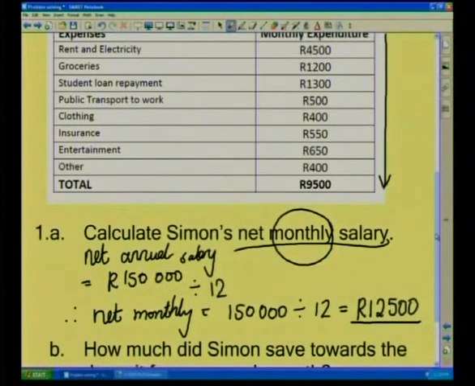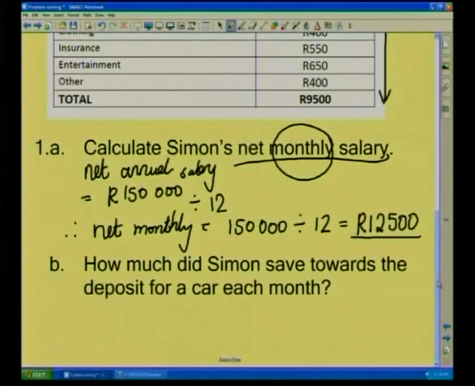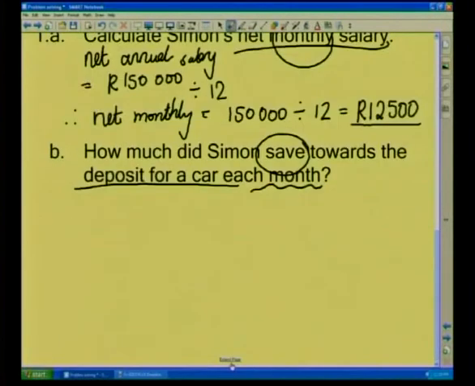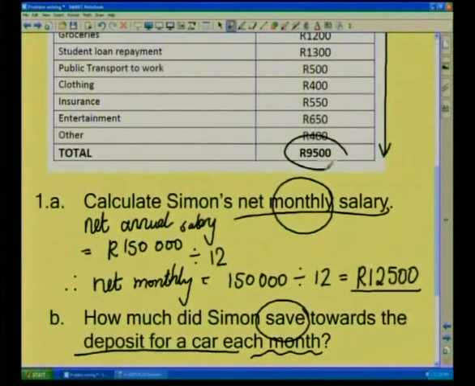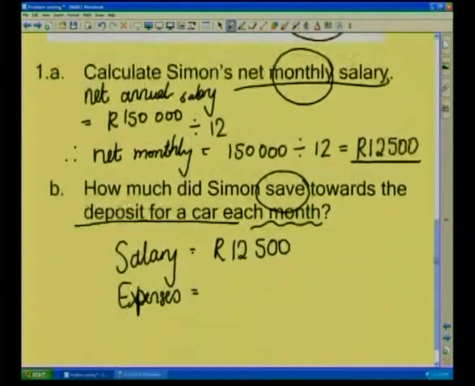And then they ask the next question, how much did he save towards the deposit of a car each month? So we know that his salary per month is equal to 12,500. His expenses, according to the table above, are 9,500.